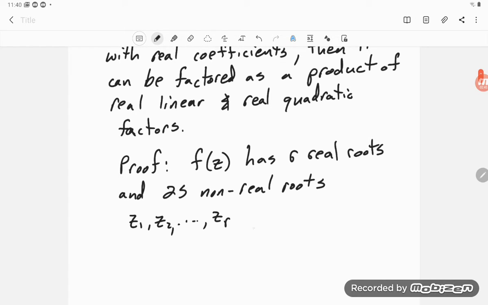And then the non-real roots, again, they come in pairs, and so the way they're numbering them are z r plus 1, z r plus 1 conjugate, z r plus 2, and they keep going until they get to z r plus s and z r plus s conjugate.